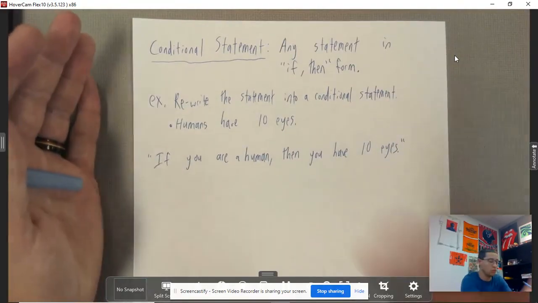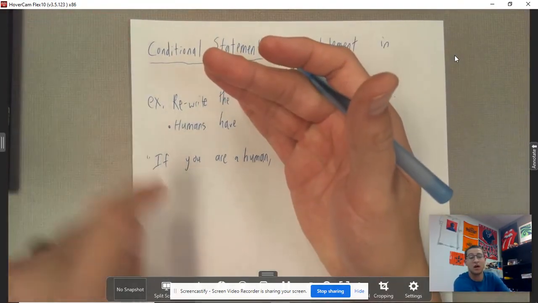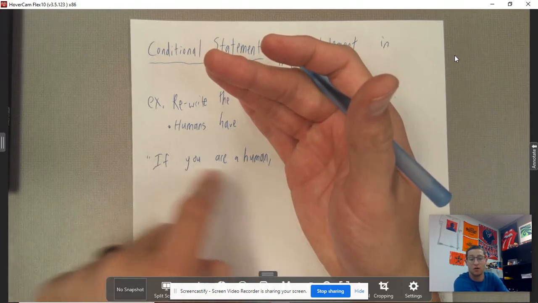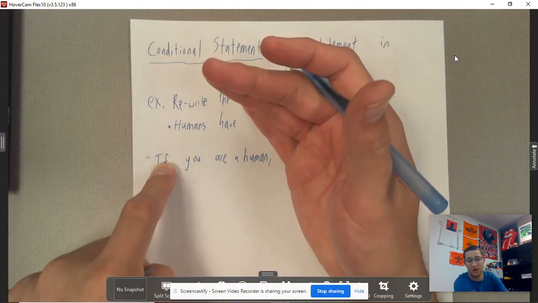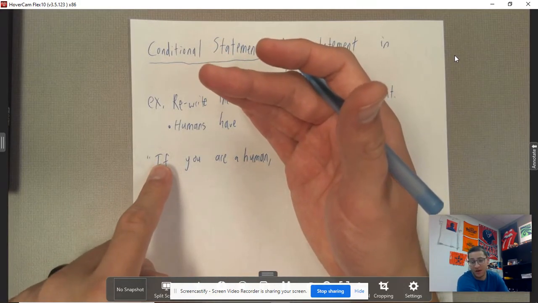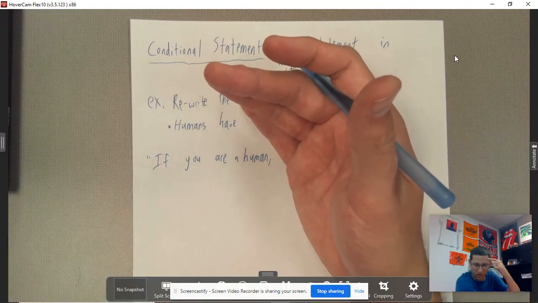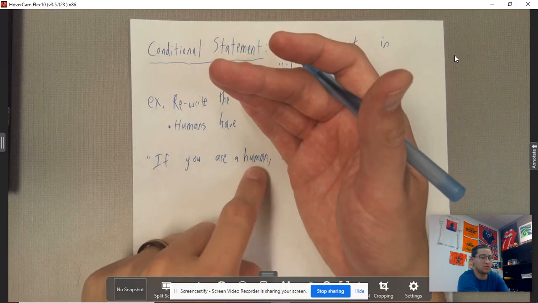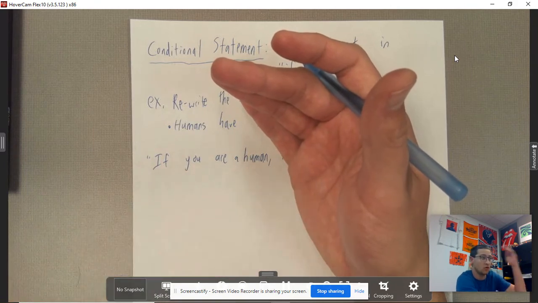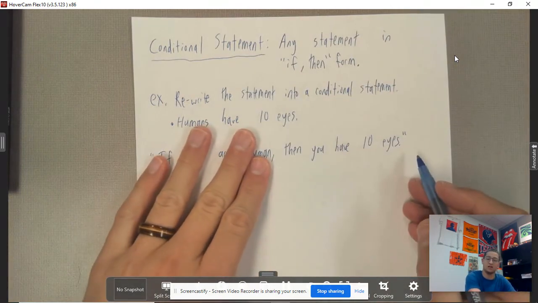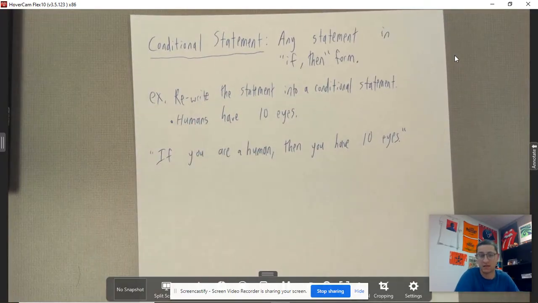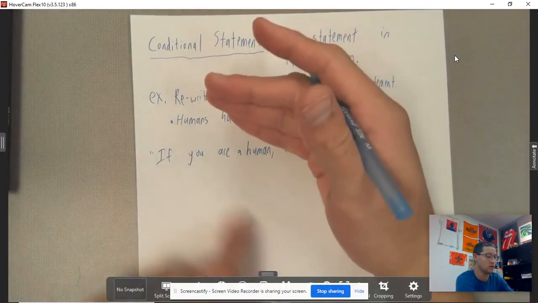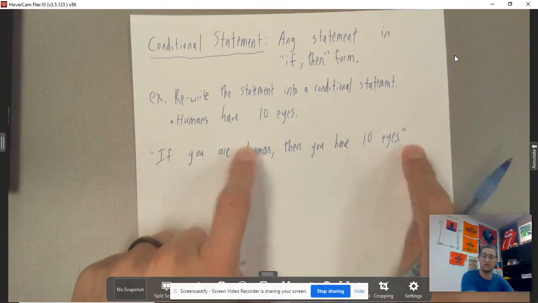So you're setting it up as if the first part is true, even if that's not a true statement. Okay, so there are some animals that aren't humans, but we want to think about the things that are human. So if you are a human, I'm thinking about all humans, then you have 10 eyes. All right, and that is not true. Okay, that is not a true statement because in the world where this is true, this isn't.